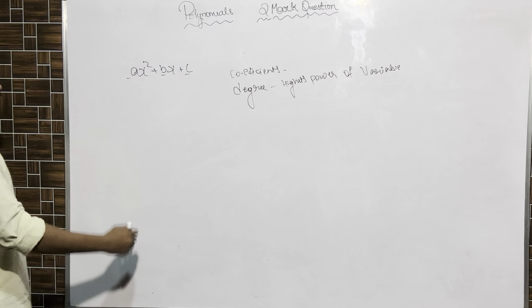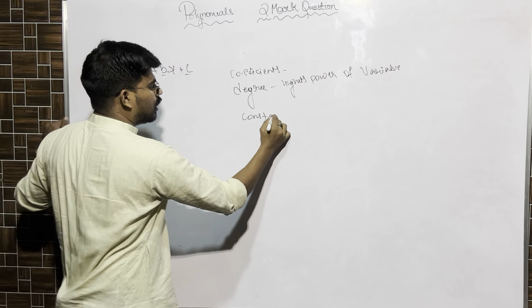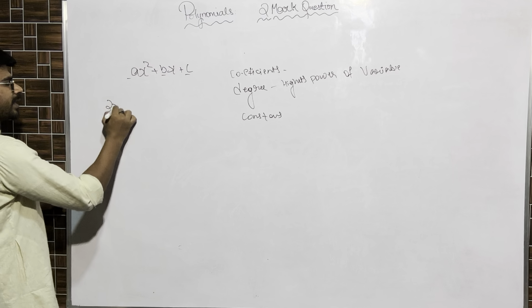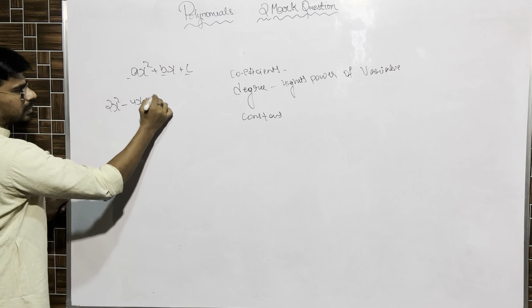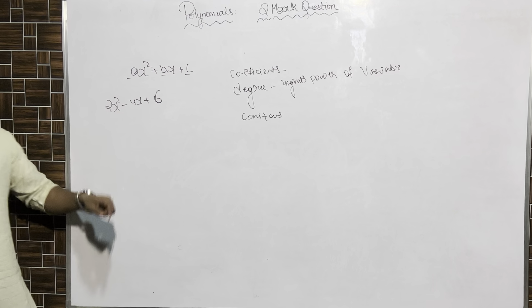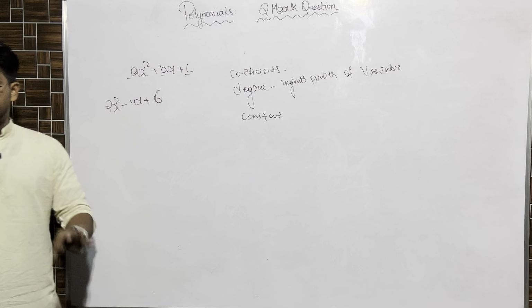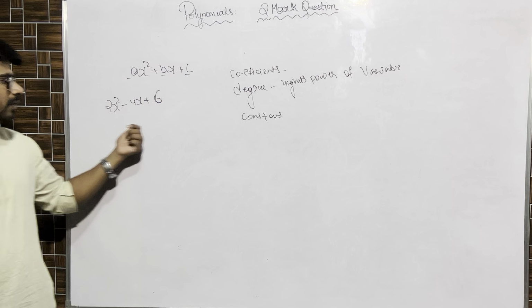We'll discuss this with various examples. For example, I have a question like this: 2x square minus 4x plus 6. First of all we have to find the coefficients. We have as many coefficients as there are terms.